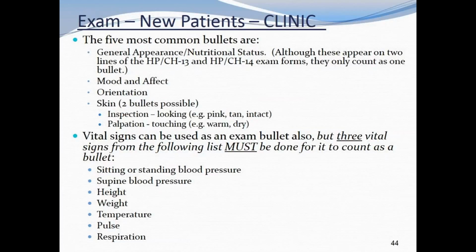You have to have 3 vital signs to get 1 exam bullet. So one of the 3 that I've listed down below, or even there's more, but I couldn't fit them on the slide. But it has to be a 3 for 1 when you're talking about vital signs. Okay. And then you can get that additional bullet, which would get you up to 6 on this slide. Because I list out 5, and then I give you 1 more option of if you wanted to do 3 vital signs on a patient, that would bring you to 6.